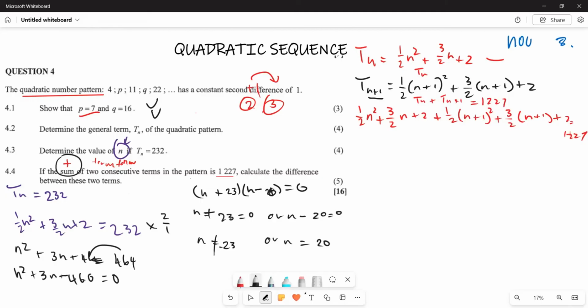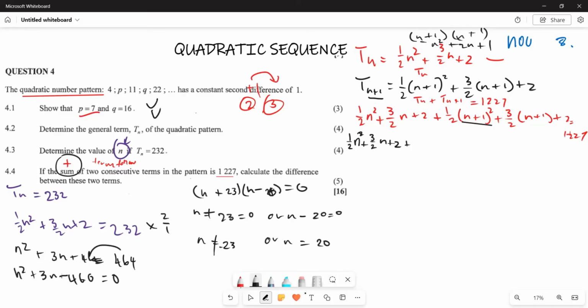Now this is the same as 1 over 2n squared plus 3 over 2n plus 2 plus, now what is this? Remember, this is your bracket. Then (n plus 1) squared, and when you're solving this, this is the same as n squared plus 2n plus 1, isn't it so?